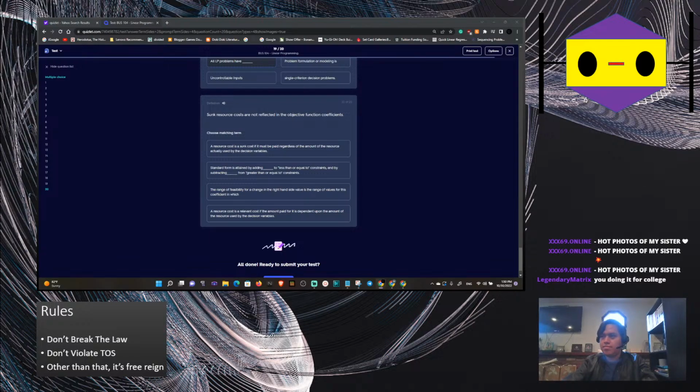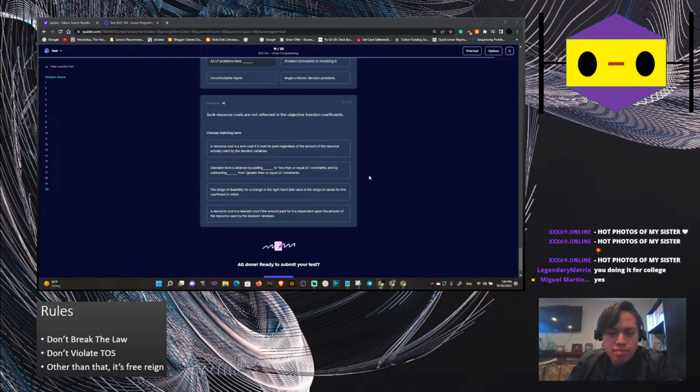I'm going to go with sunk resource costs are not reflective of the objective function coefficients. I'm leaning more towards A, but I'm not sure. Why? Now I have no reason why. Maybe we could just... okay, let's analyze it.